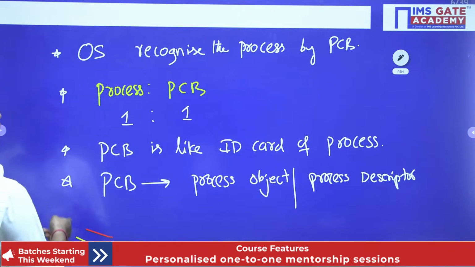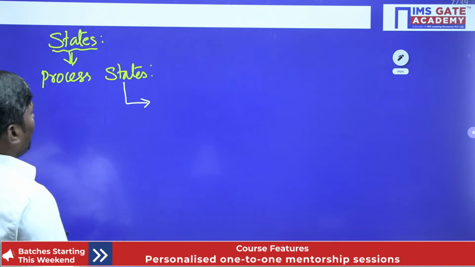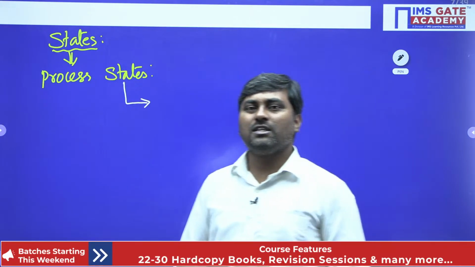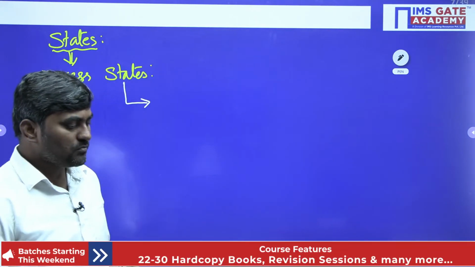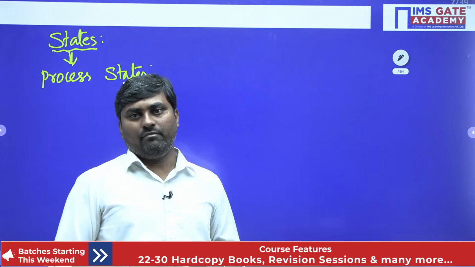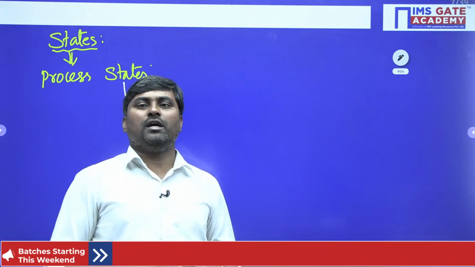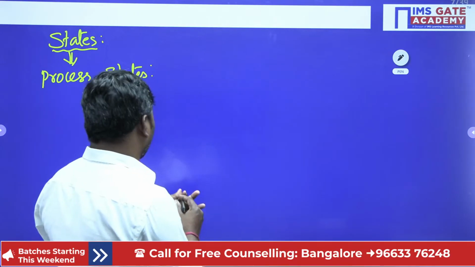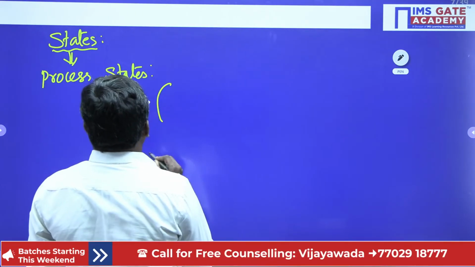Chalo, okay, now see the point. Process states. What does process state mean? Process state generally defines the activity, meaning the current state of a process is defined by its process state. There are various states, ma'am, so let us observe them.